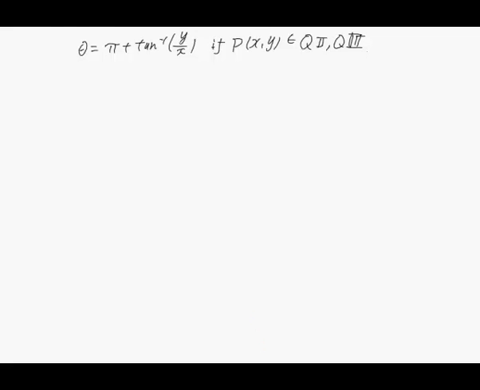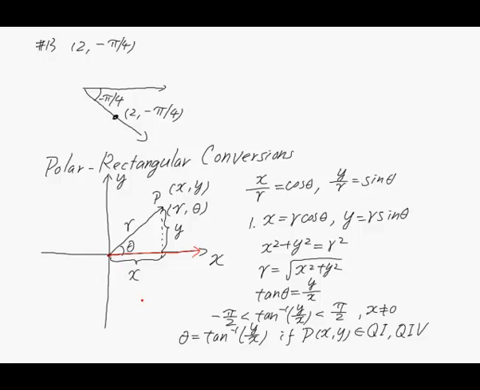So actually, you go back to this graph. Say if you have the point here, right? And then how do you find the polar coordinates? So first, you know one angle, which is the tangent inverse of y over x, but that is this negative angle, right? And the r is positive. But the point is here in quadrant 2. So, to get the angle of this point, you need to add pi to this negative angle to arrive here.